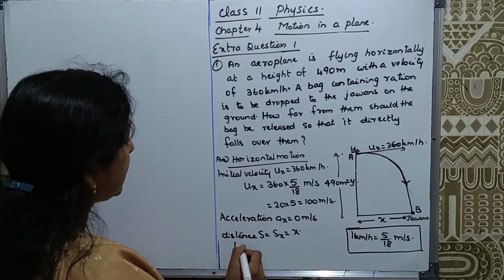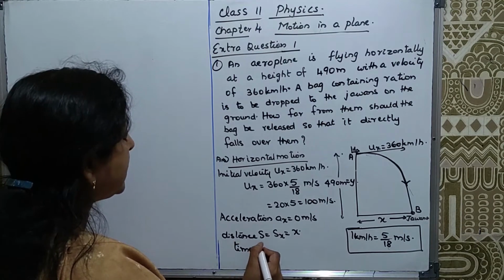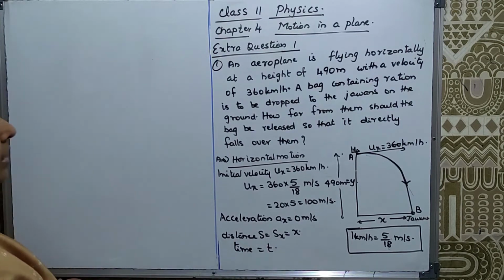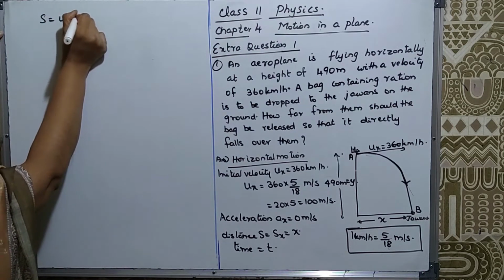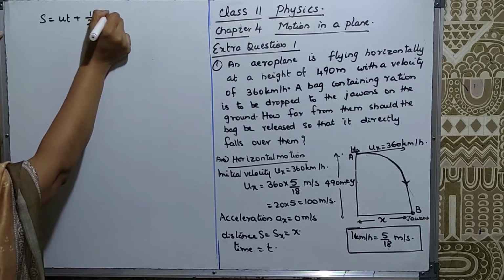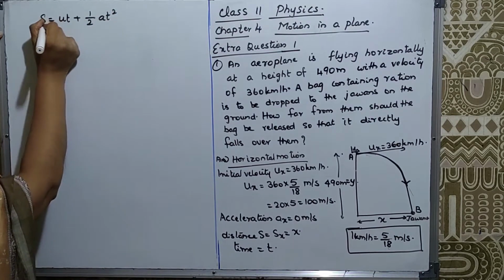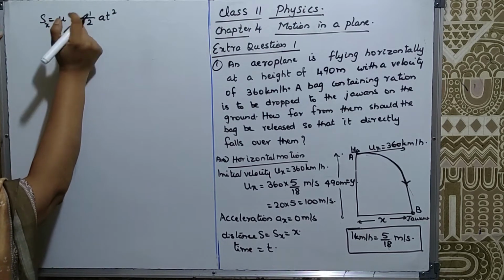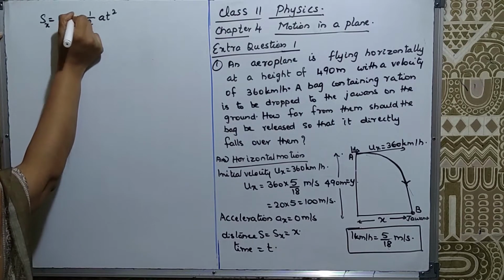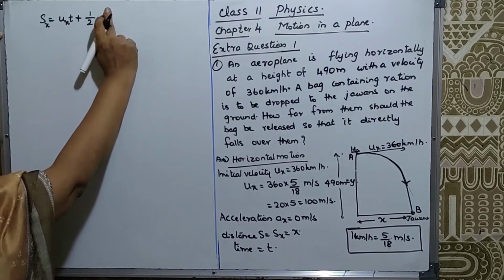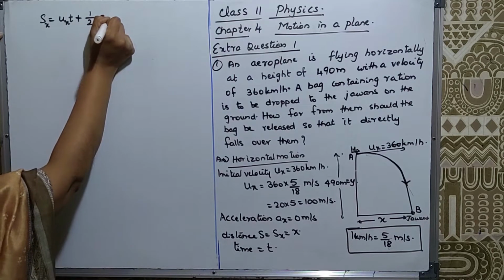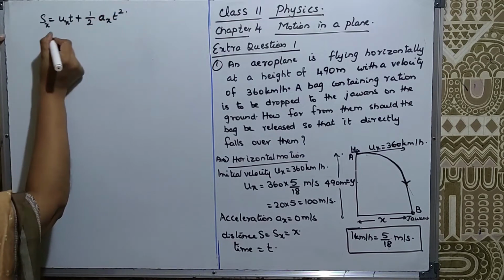We don't know the time taken, so time equals t. So sx equal to ux into t plus half ax into t squared.